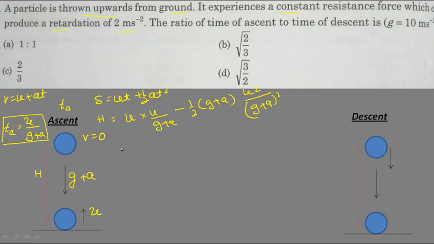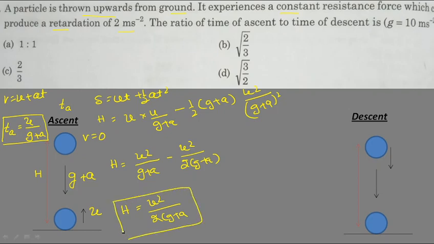So h comes out as u square upon g plus a minus u square upon 2 into g plus a. Therefore h is equal to u square upon 2 into g plus a, the height reached by the ball, given the acceleration in the opposite direction is g plus a.